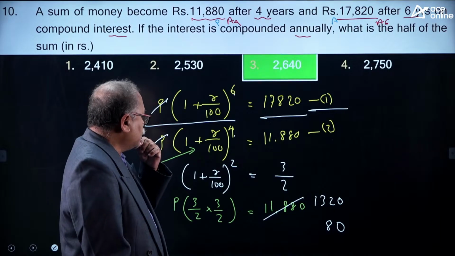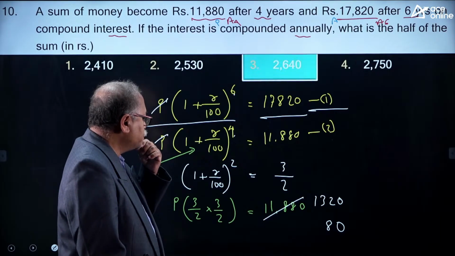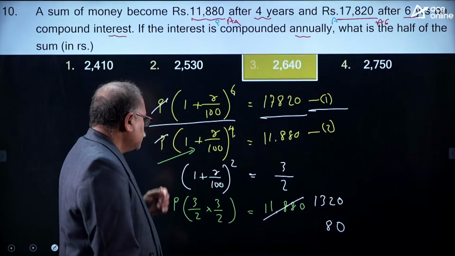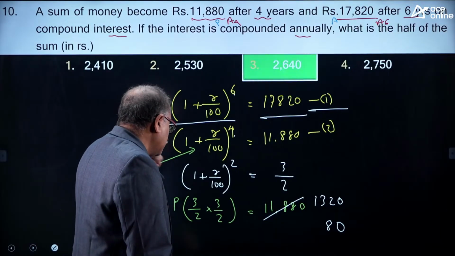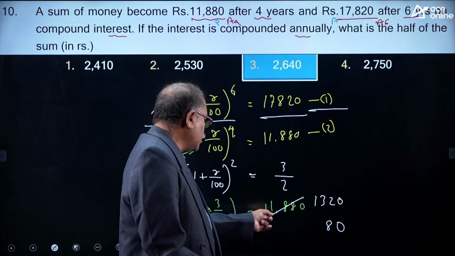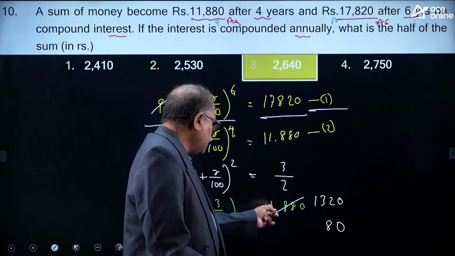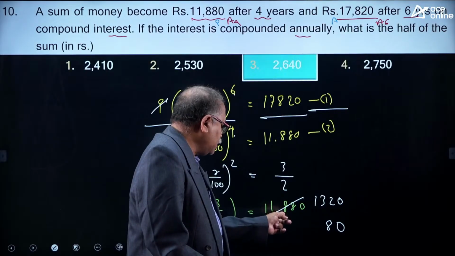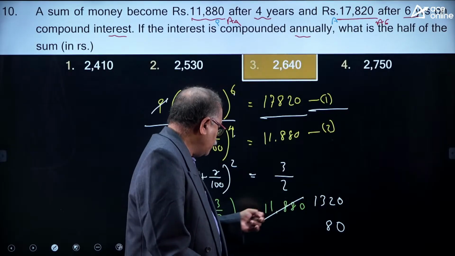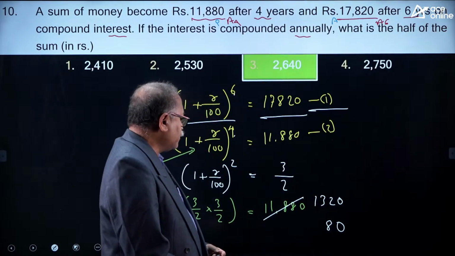did I make any mistake over here? Yes, I think I made a mistake. That's a 9 1, and I left with a 2, 9 3 27 and 2. I should multiply this by 4, no?